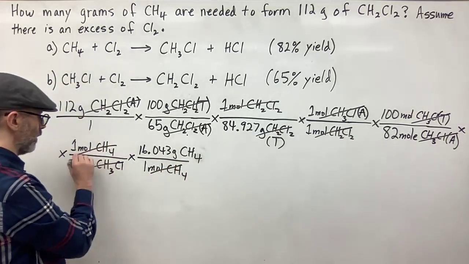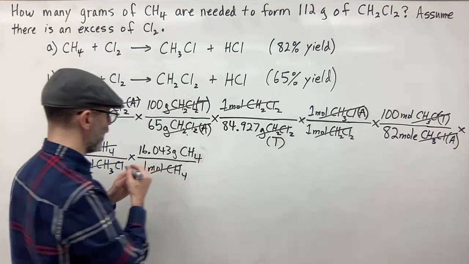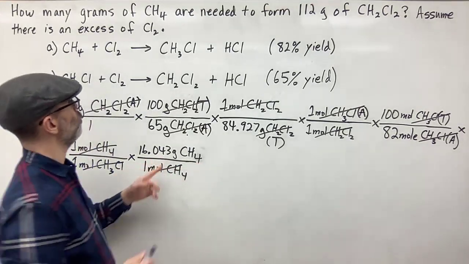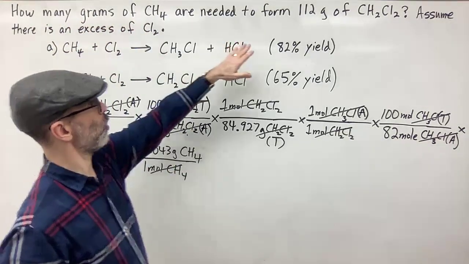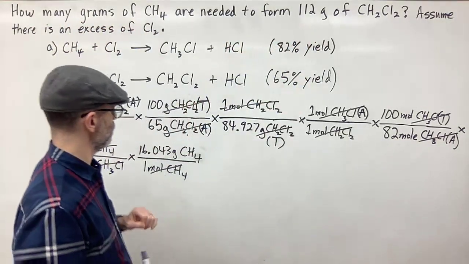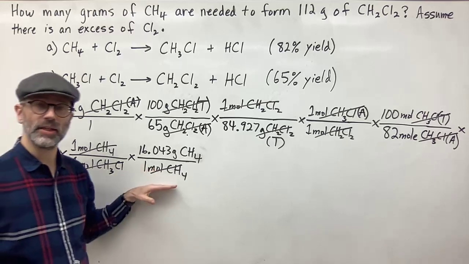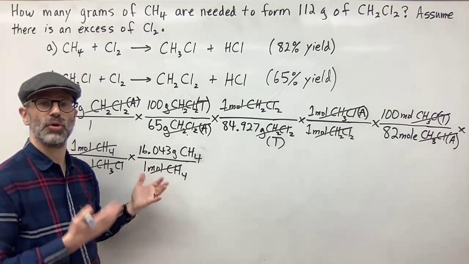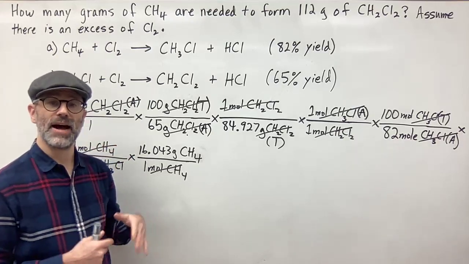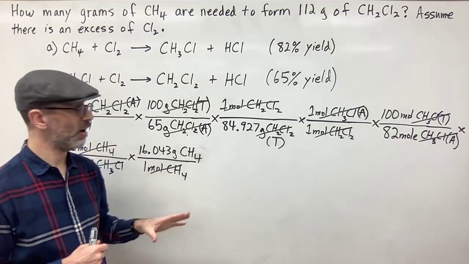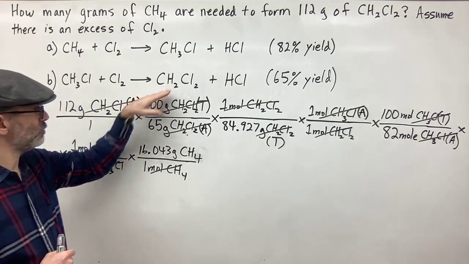So moles of methane cancel out. Now I have grams of methane, which is what they want. They want to know how many grams of methane are needed to form 112 grams. So now we can calculate the amount of methane we would need to actually form and make sure that we have 112 grams of the CH2Cl2.